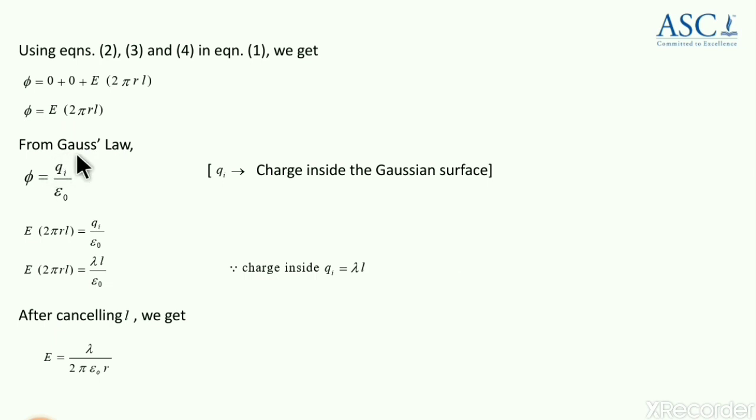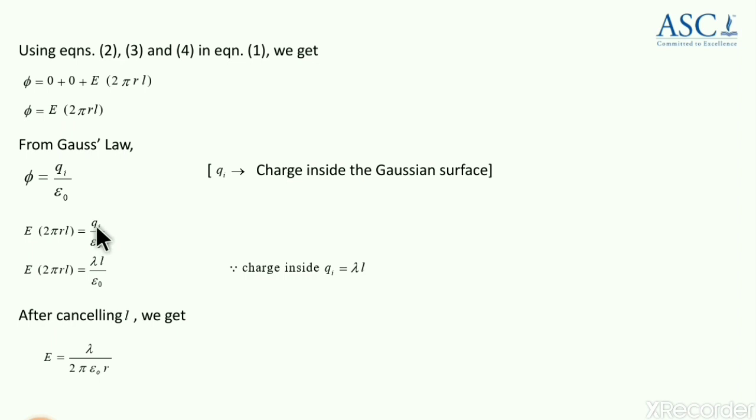For the flux formula according to Gauss law, you have to always consider the charge inside the Gaussian surface. So now flux is Q by epsilon naught from Gauss law. Flux is E into 2 pi RL from the flux formula. Now if you equate both, the LHS are the same and therefore the RHS are equated to give you E into 2 pi RL equals Q by epsilon naught.